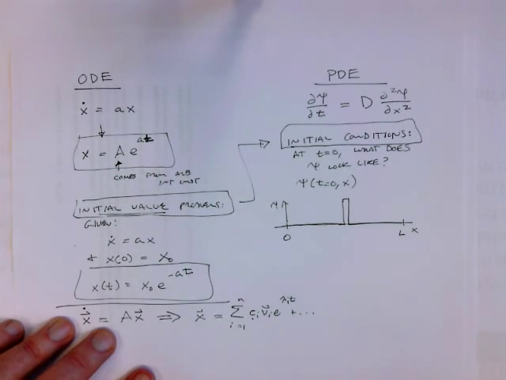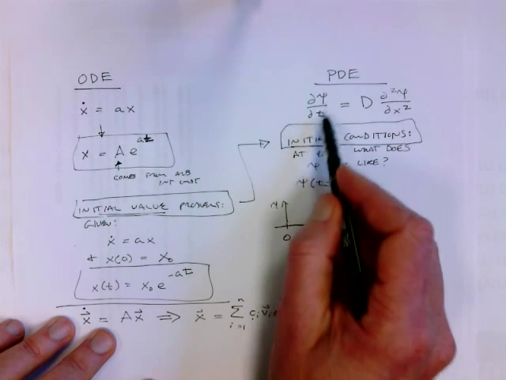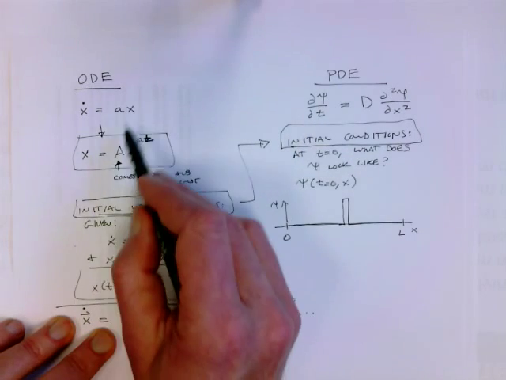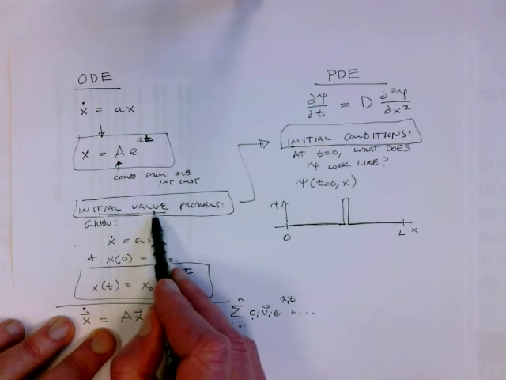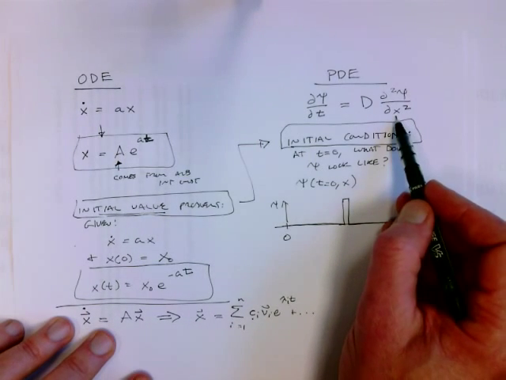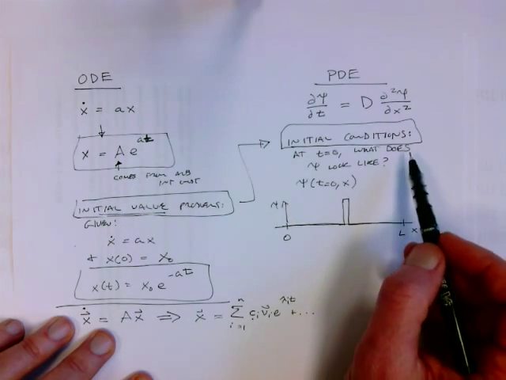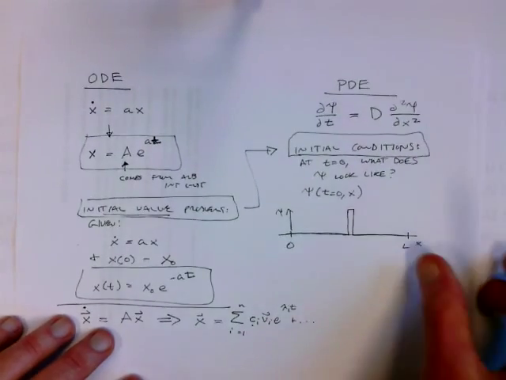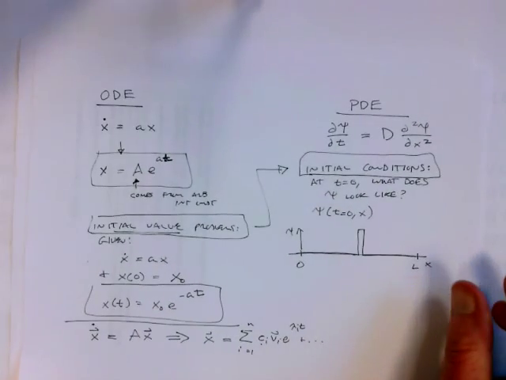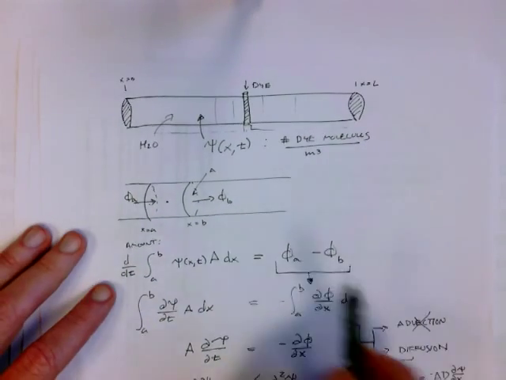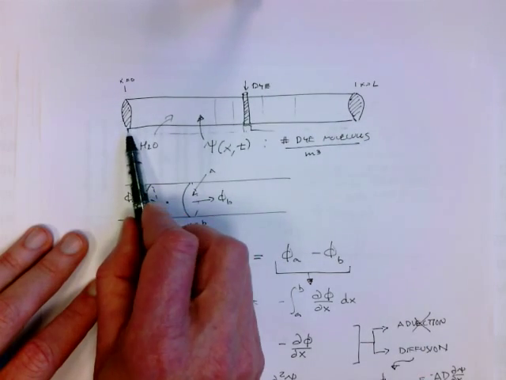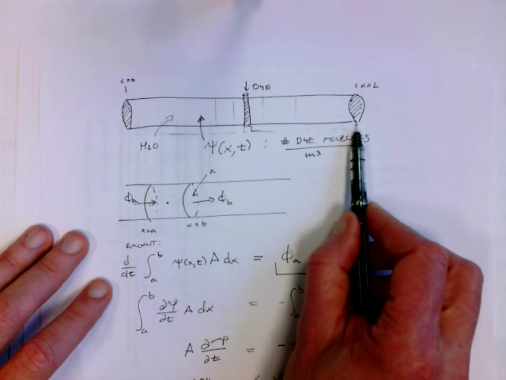But there's something else that's really important here. We don't just have a derivative in time, which gave us the arbitrary constant that required an initial value. We also have spatial derivatives, which are associated with the spatial characteristics of this physical problem. If we go back to the physical problem, what's happening at the ends?